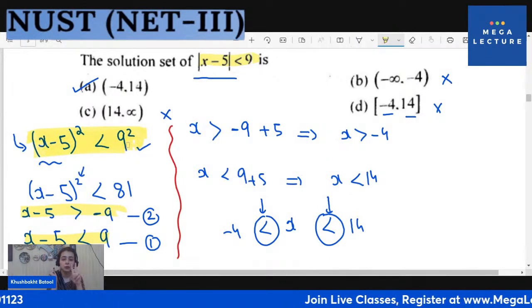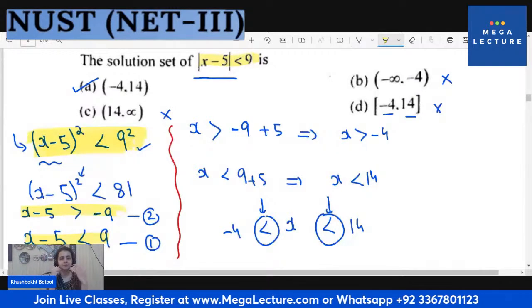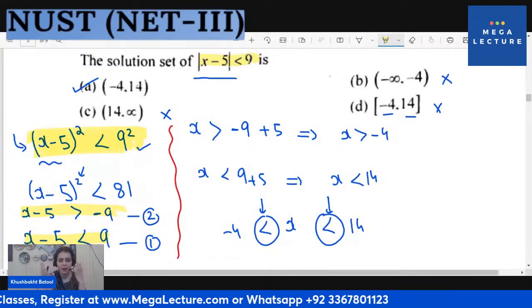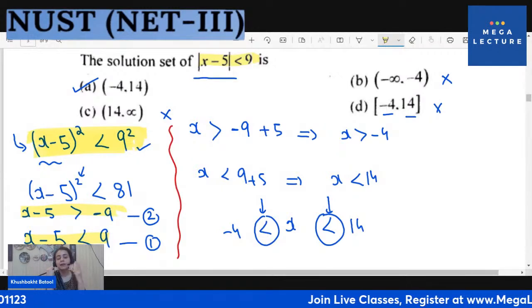Now, you have two ways to solve this. Method 1 is to just expand this (x - 5)² and then make the graph. Method 2 is to convert this one quadratic inequality into two linear inequalities and then solve it directly.